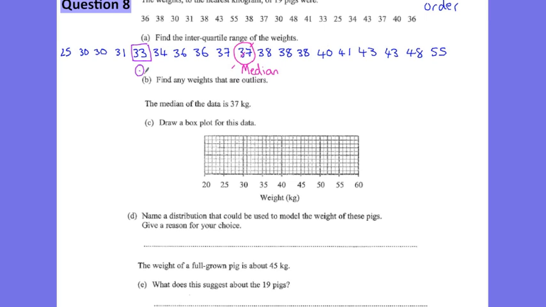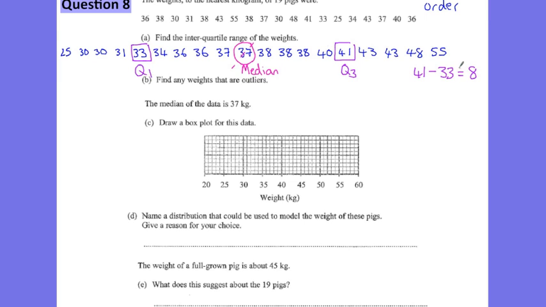This is the lower quartile, quartile 1. Looking now to the other side, we can see our upper quartile is 41. Similarly, 4 numbers below, 4 numbers above. The interquartile range is therefore found by 41 subtract 33, which is equal to 8.